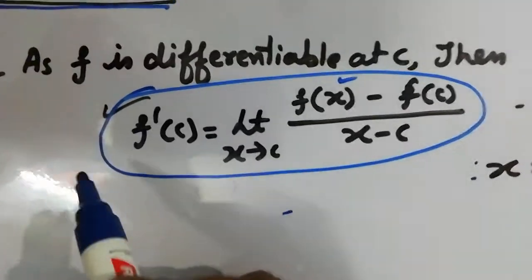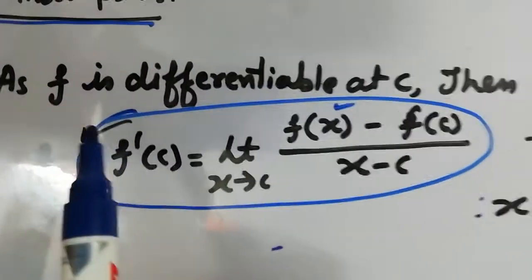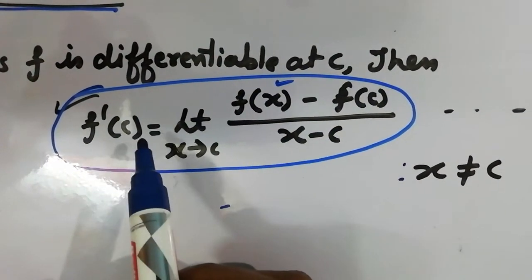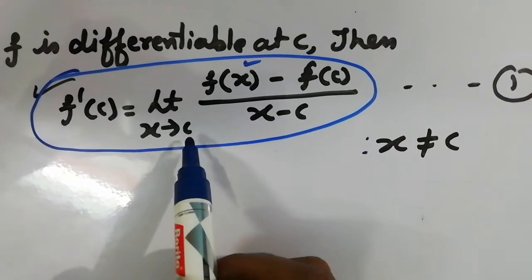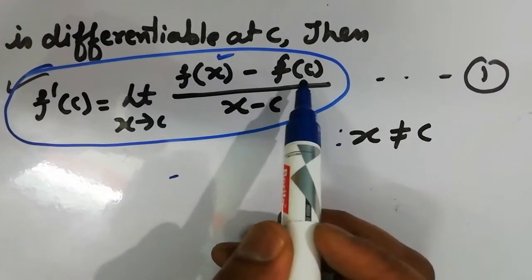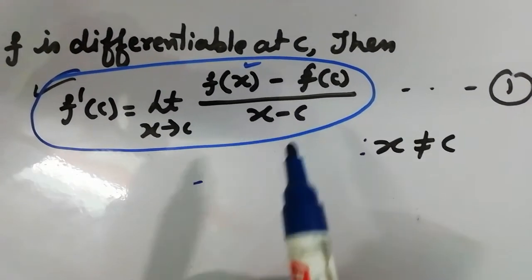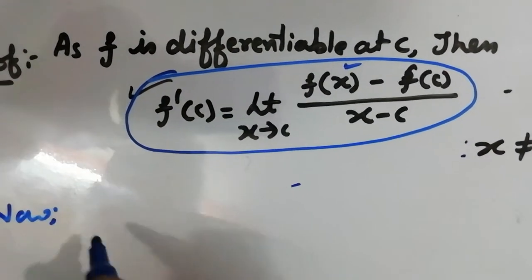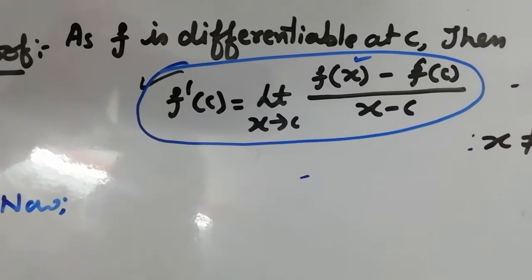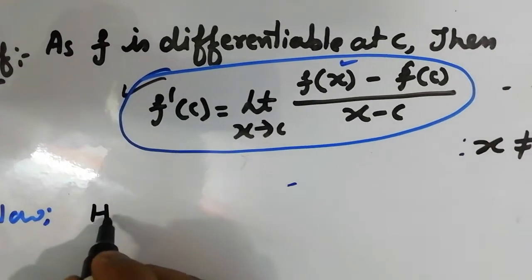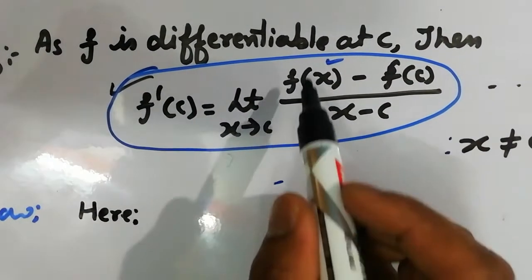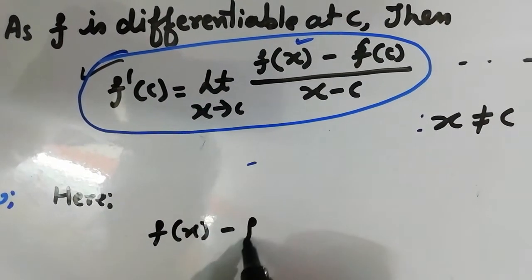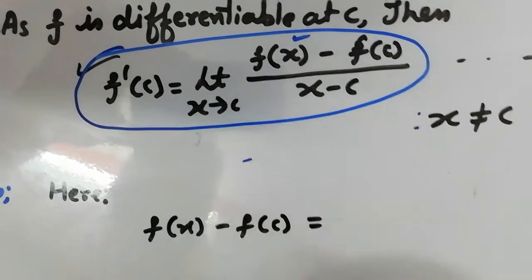So you should know about this one. When a function is differentiable at a given point c, then f dash c is always equal to the limit as x approaches c of f of x minus f of c upon x minus c. Now here I am considering f of x minus f of c.